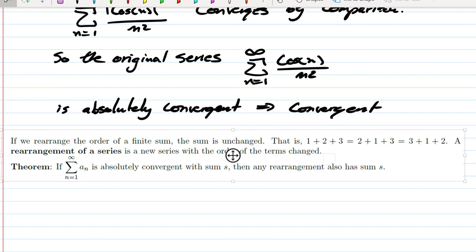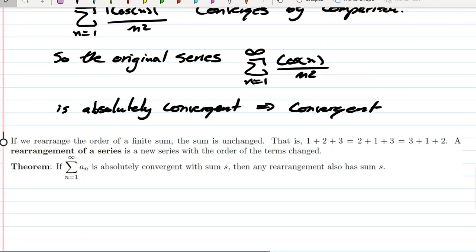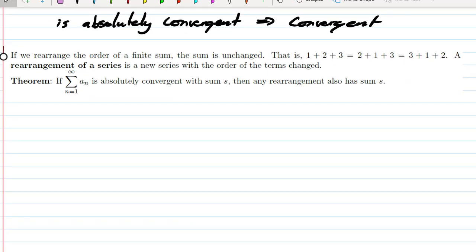A rearrangement of a series is a new series with the order of the terms changed. And then we have a theorem that says if a series is absolutely convergent with some sum s, then any rearrangement also has sum s.